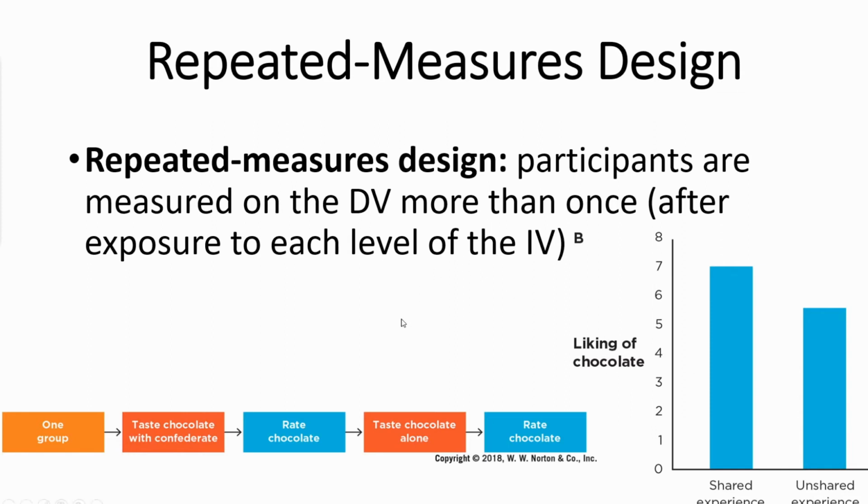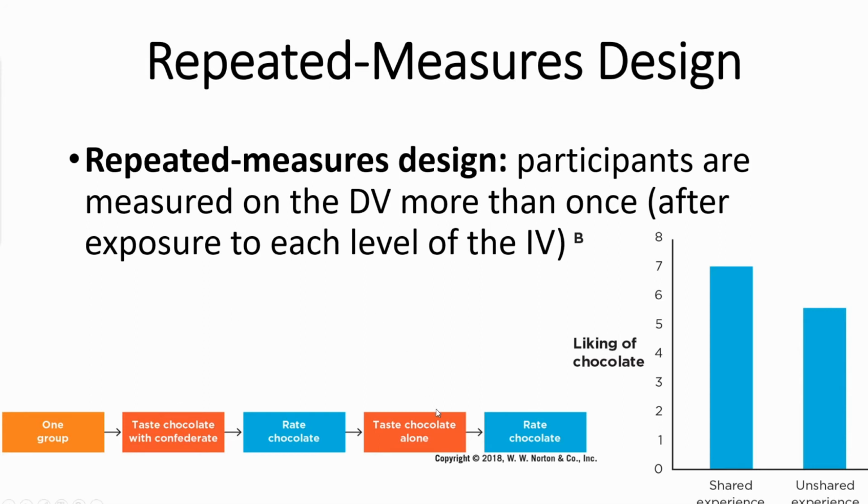Now, this is a repeated measures design because we have them exposed to one level of our independent variable, tasting the chocolate with someone present, and then they are measuring that dependent variable, their enjoyment of the experience, immediately following that exposure.